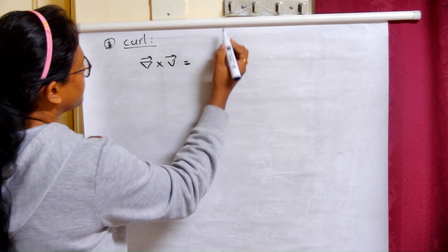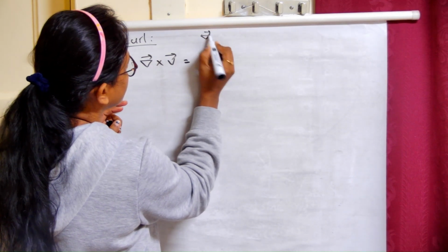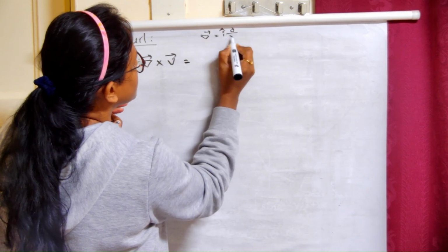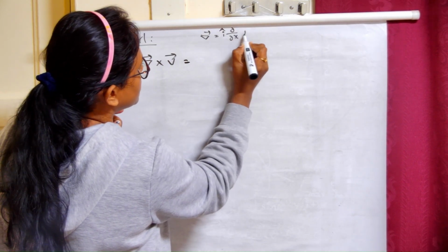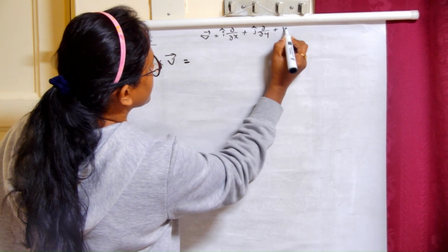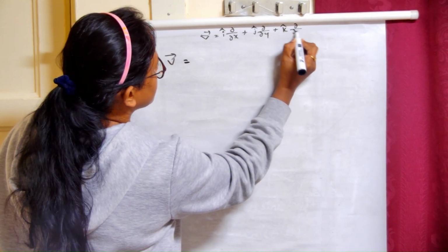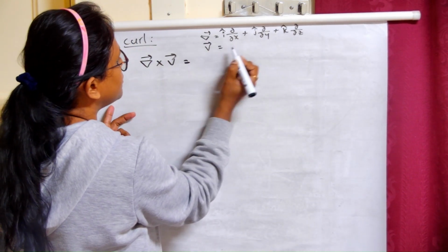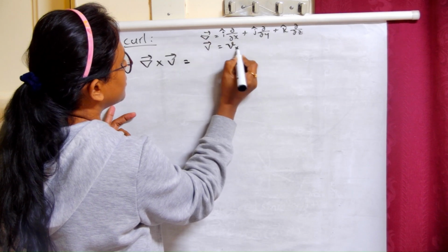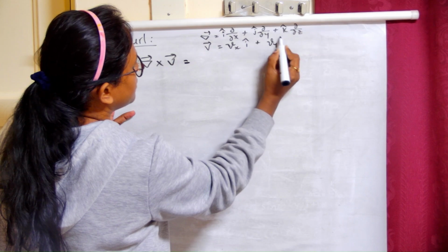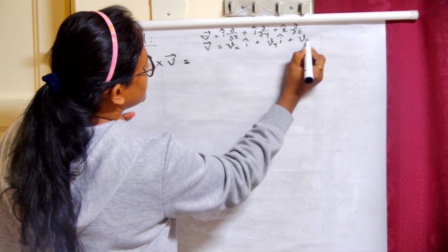We know that the del operator can be written as i cap dou by dou x plus j cap dou by dou y plus k cap dou by dou z. And we write v bar as vx i cap plus vy j cap plus vz k cap.